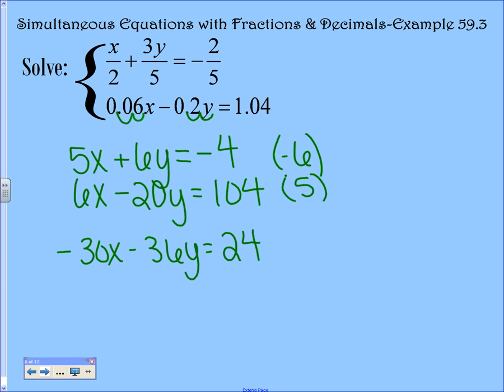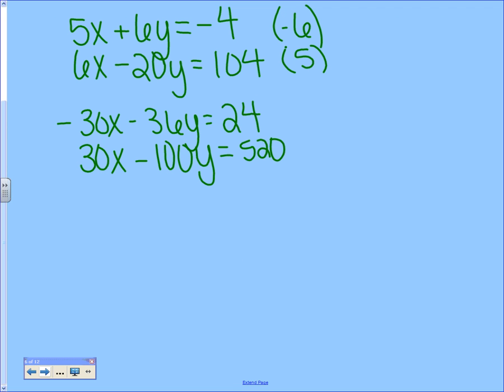Okay. 30x minus 100y. Any questions on that part?